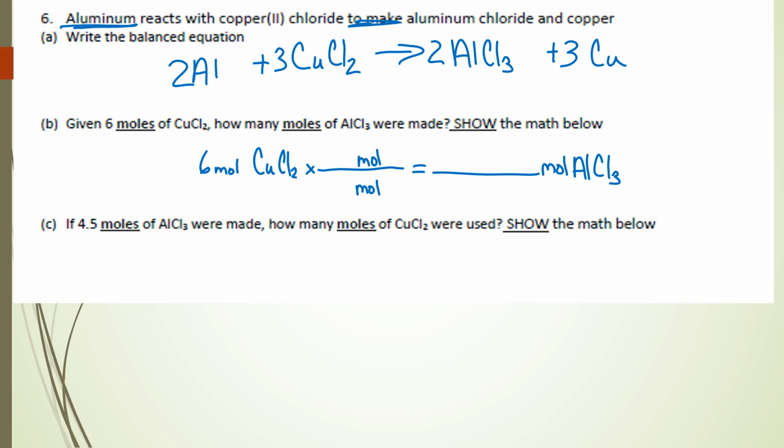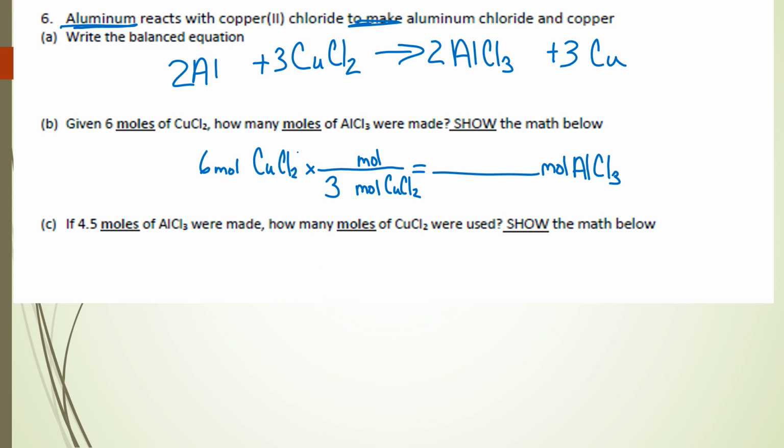That's 1 sig fig. What's going to go on the bottom of my conversion factor? CuCl2. And what number should I put there? All right.